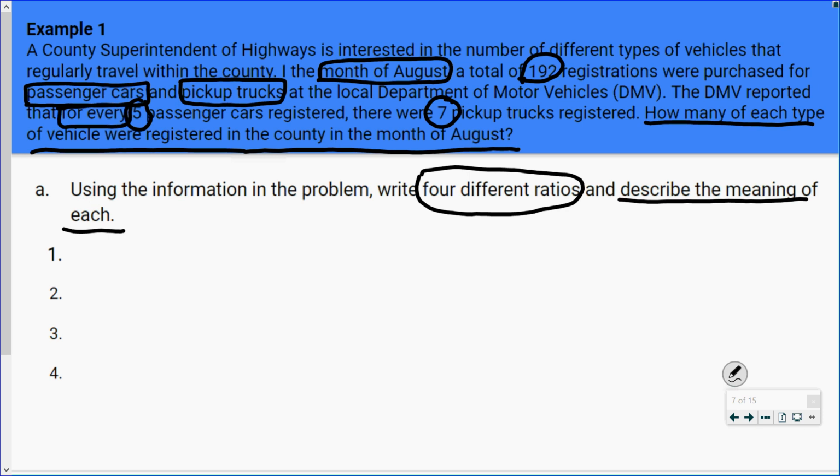Okay, so the first one we can write is 5 to 7, and that's cars to trucks. So give me another one.